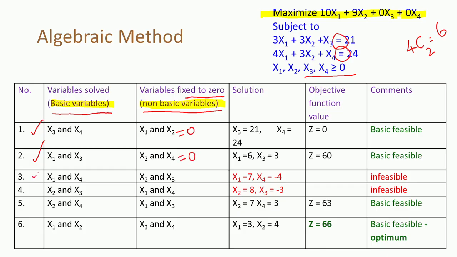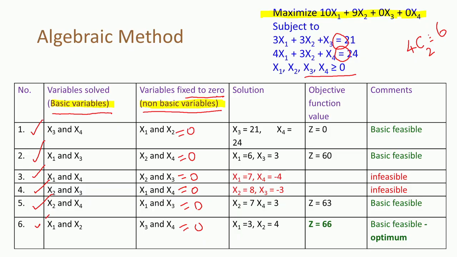I can solve for x1 and x4 by fixing x2 x3 to 0. I can solve for x2 and x3 by fixing x1 x4 to 0. I can solve for x2 and x4 by fixing x1 x3 to 0, and I can solve for x1 x2 by fixing x3 x4 to 0. So, I can solve 6 problems.